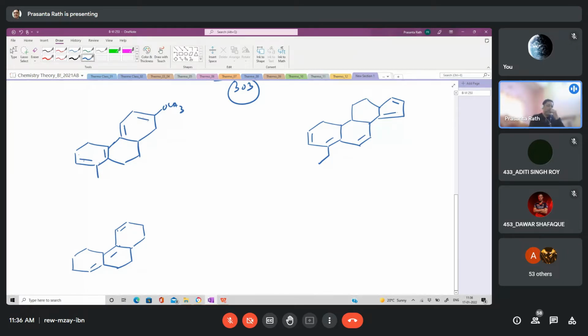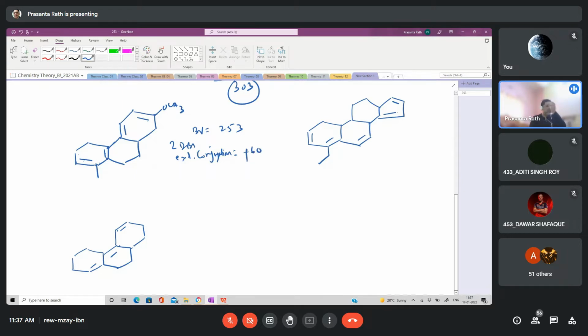But it doesn't work like that, we have to take the homoannular system only, either this one or this one, you can take any one. So if you take this as your main system, then these two double bonds are actually extension. If you take this as the system, then these two are your extension. The base value is 253, and two double bonds extending conjugation. Here there are two double bonds extending conjugation, so this will be plus 60.